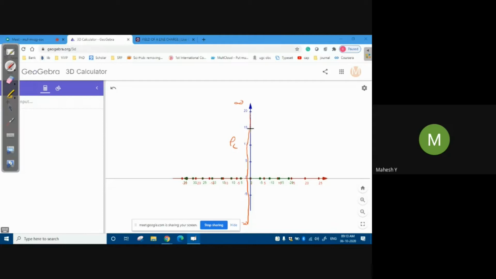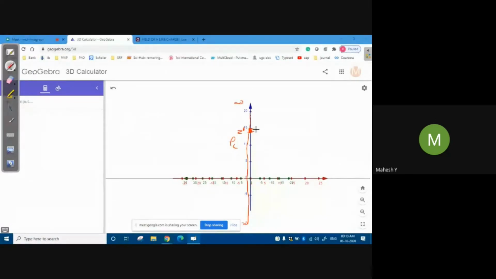We consider a point somewhere here represented by z prime. In that one I am considering a small piece of the line, because I cannot find the total electric field intensity directly. This is starting from minus infinity to plus infinity, where I don't know the total charge.